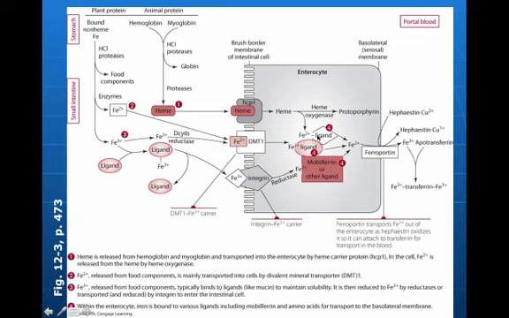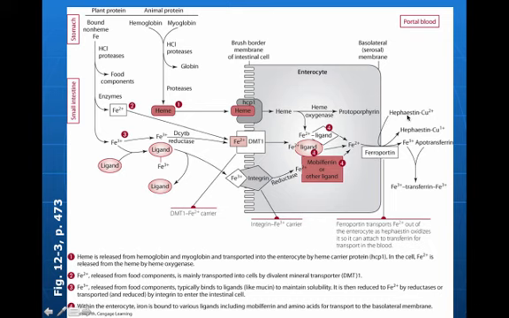The iron is then transported to the basolateral membrane, where it binds a protein called ferroportin. As this describes, ferroportin transports iron out of the enterocyte as hephaestin oxidizes it so it can attach to transferrin for transport in the blood. So it's a multiple step process here. The iron binds ferroportin. That's a plasma membrane transporter.